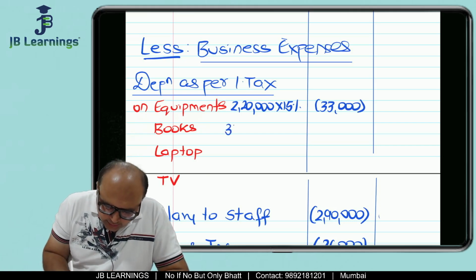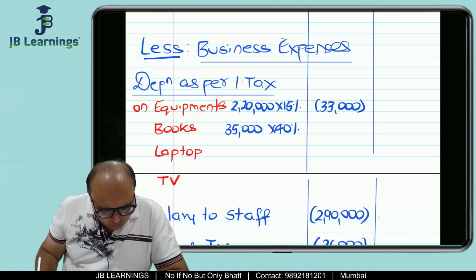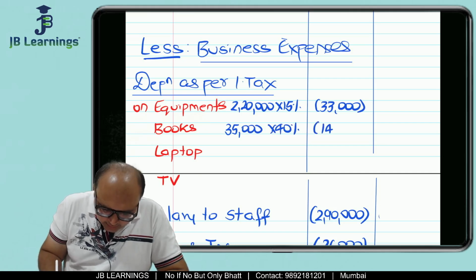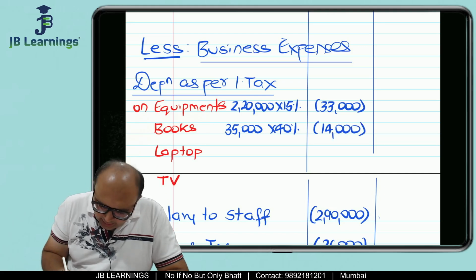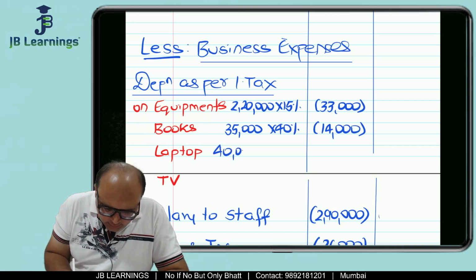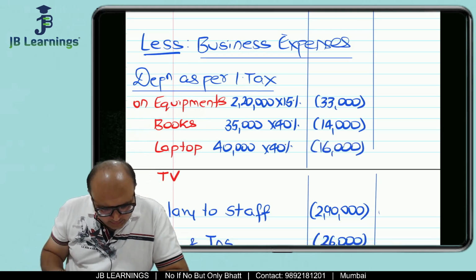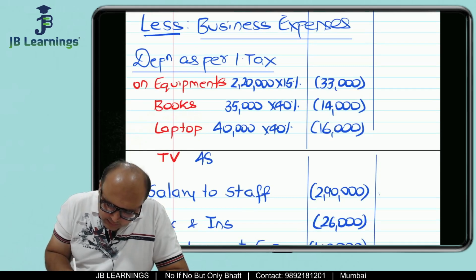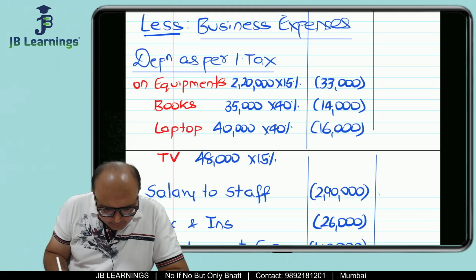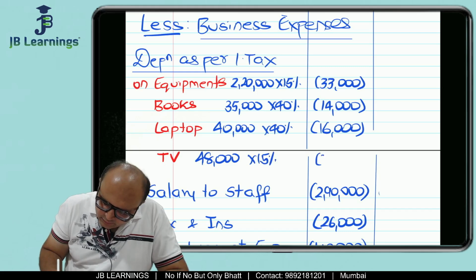So 35,000 into 40%, which will come to 14,000. Then laptop is 40,000 into 40%, which is 16,000. Now TV is 48,000, and again equipment 15%, which would be 7,200.